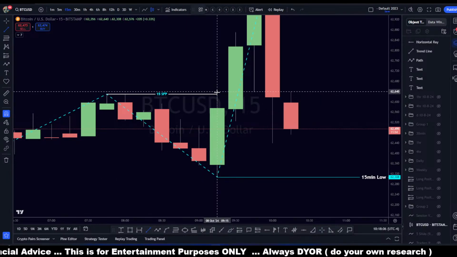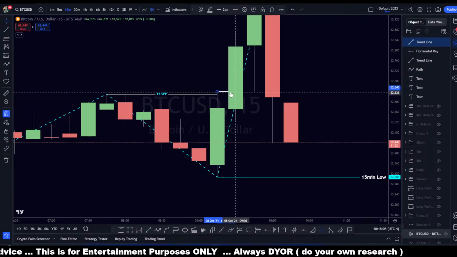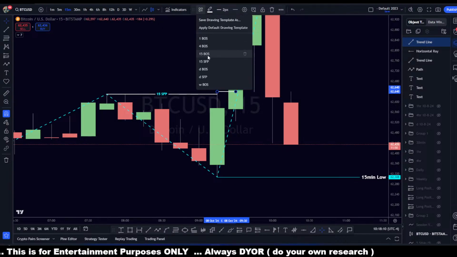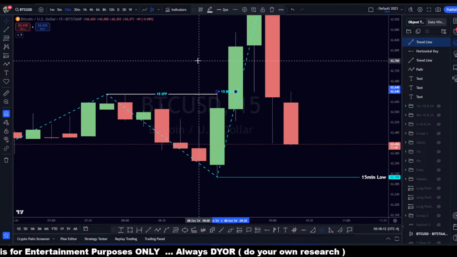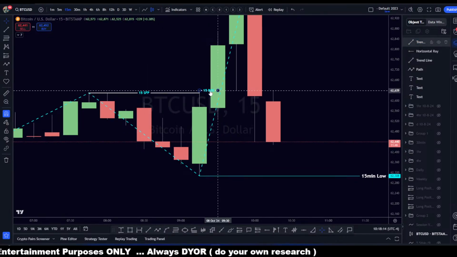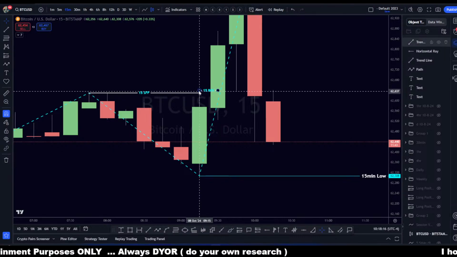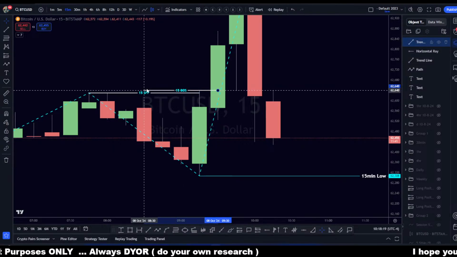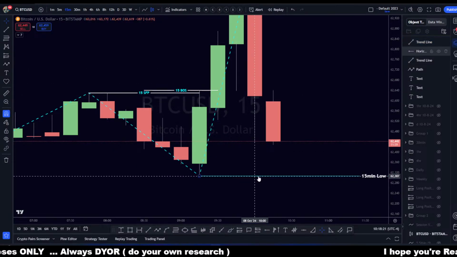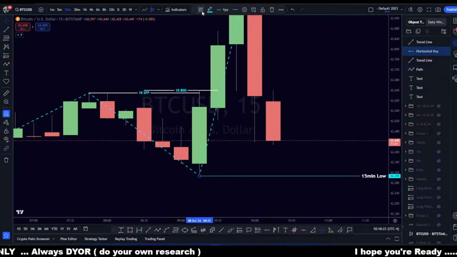So because it closed above this level, this is our 15-minute break of structure. Because this is a close above this level, this now makes this the low that is strong.